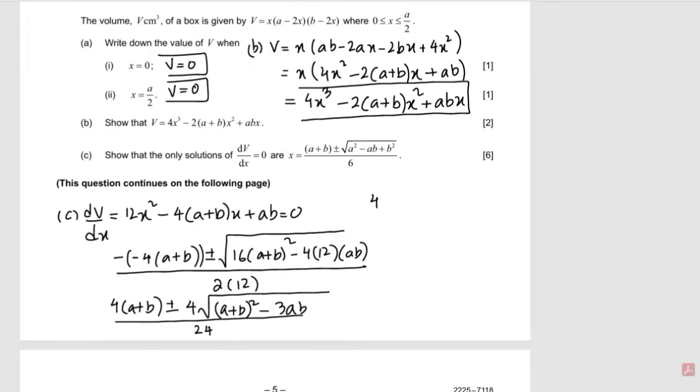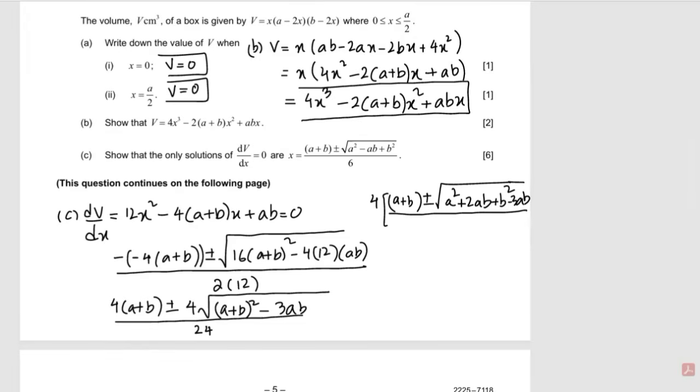So factor out the 4, write A plus B, plus or minus root of, let's expand the expression inside the root: A squared plus 2AB plus B squared minus 3AB. Sorry about the space. I'm just solving it on the question paper.